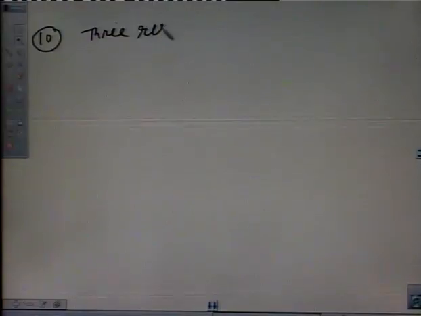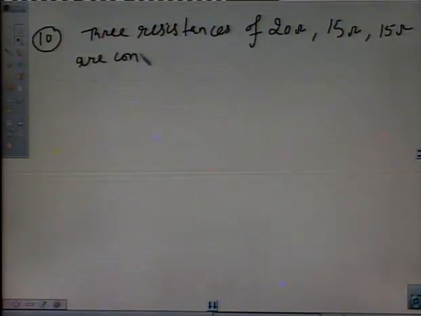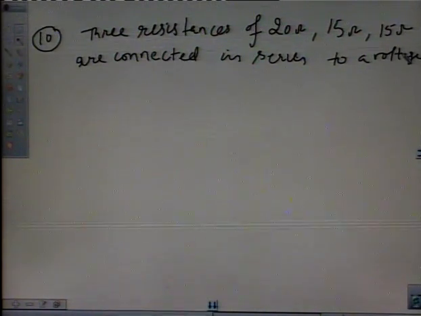Now the next numerical. Three resistances of 20 ohm, 15 ohm, 15 ohm are connected in series to a voltage of 100 volts.